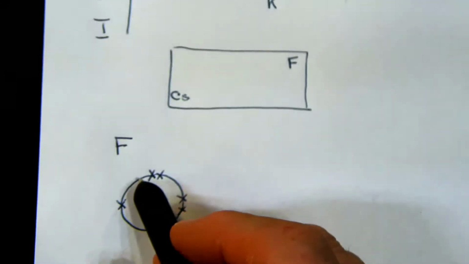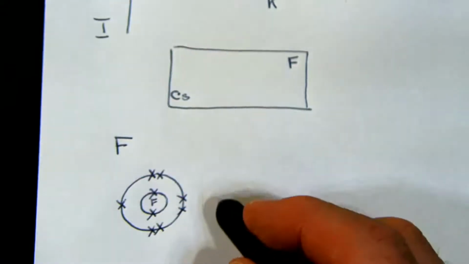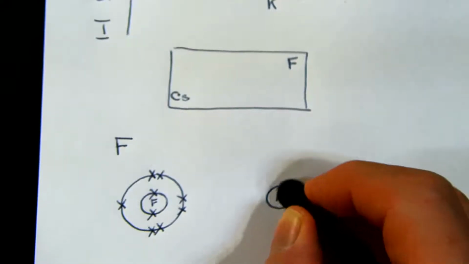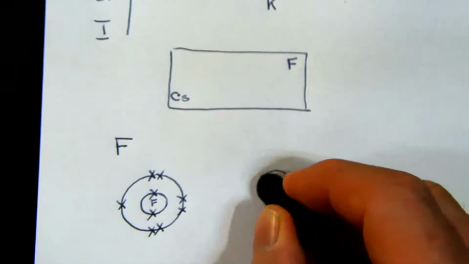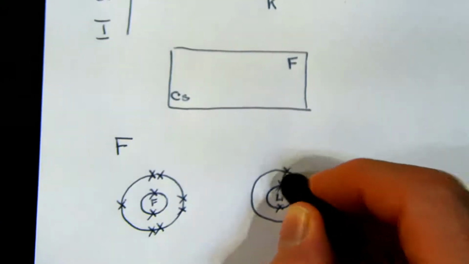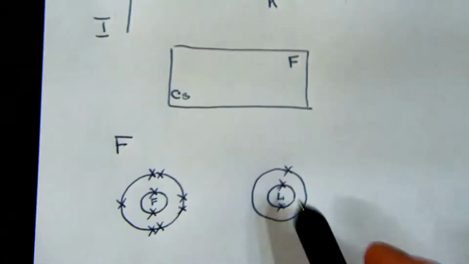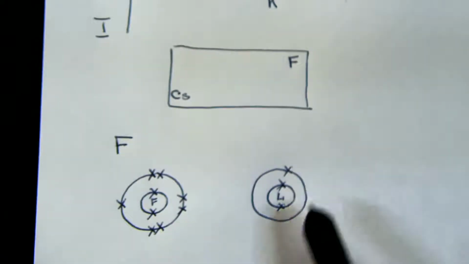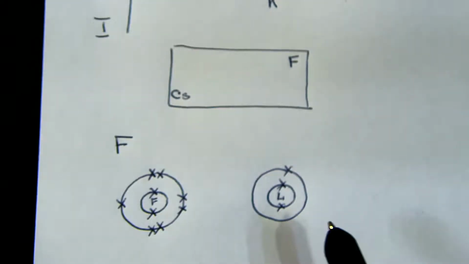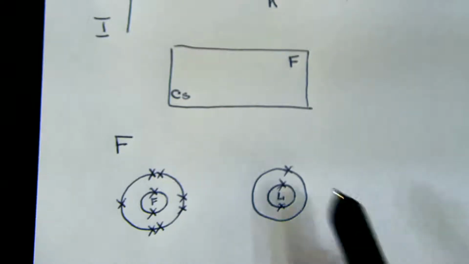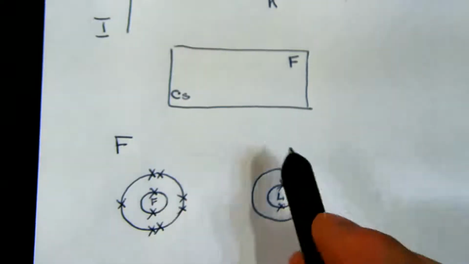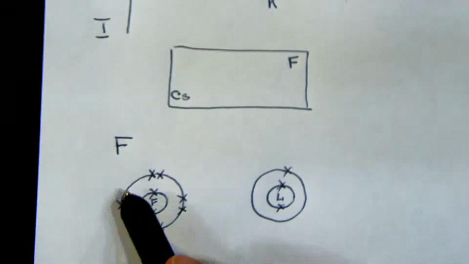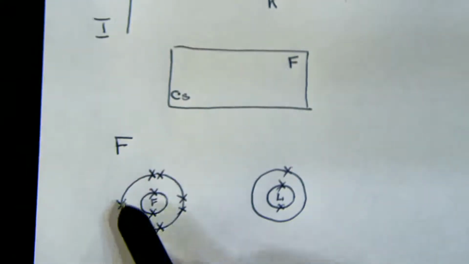Now, if we compare that with something like lithium, that's got 1 electron in its outside layer, and it's relatively easy to remove that, and that's why it's very reactive. Fluorine, on the other hand, is equipped with 7 electrons in this outer layer.